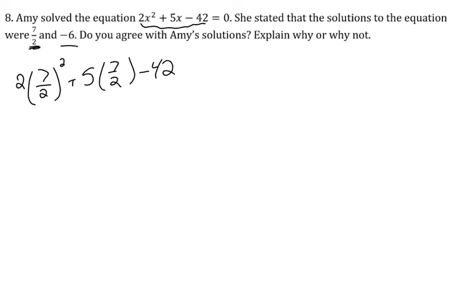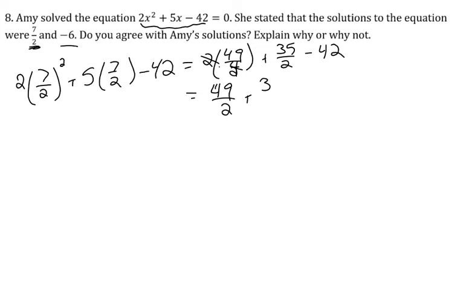Well, hopefully you have a calculator and you can just plug it in, but I get 2 times 49 over 4, not 49 over 2, because when I square 7 over 2, 7 halves times 7 halves is 49 over 4. 2 divided by 4 is 1 half, so I get 49 over 2 plus 35 over 2 minus 42.